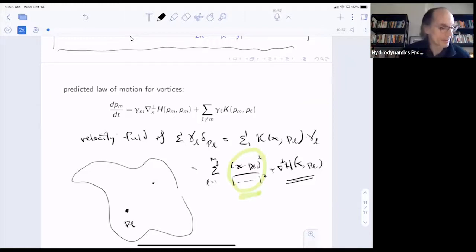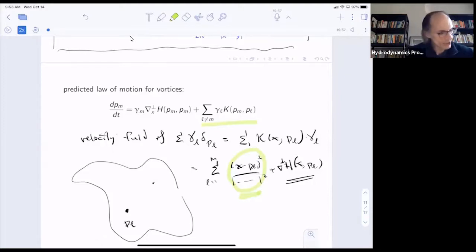And so what we do here is we predict that the law of motion is this. We look at all the velocity fields, taking into account the boundary conditions, generated by all the other vortices at the mth vortex.